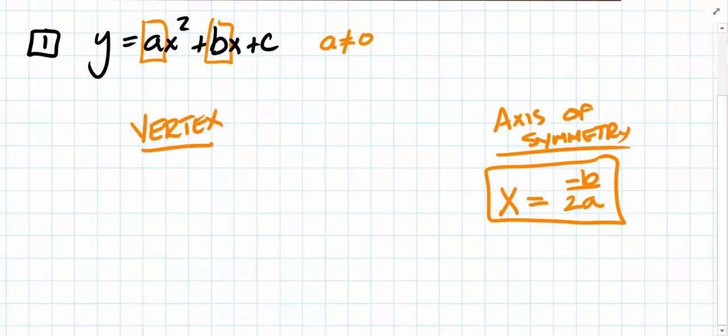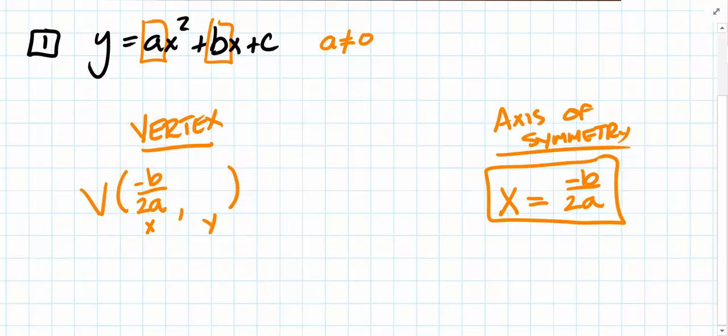Now, the vertex is a coordinate, right? So I put v, and then I put a coordinate next to it. This stands for the x coordinate, and this stands for the y coordinate. Since the axis of symmetry goes through the x coordinate of the vertex, as you did on the little Desmos lesson, we can find the x coordinate by taking negative b over 2a.